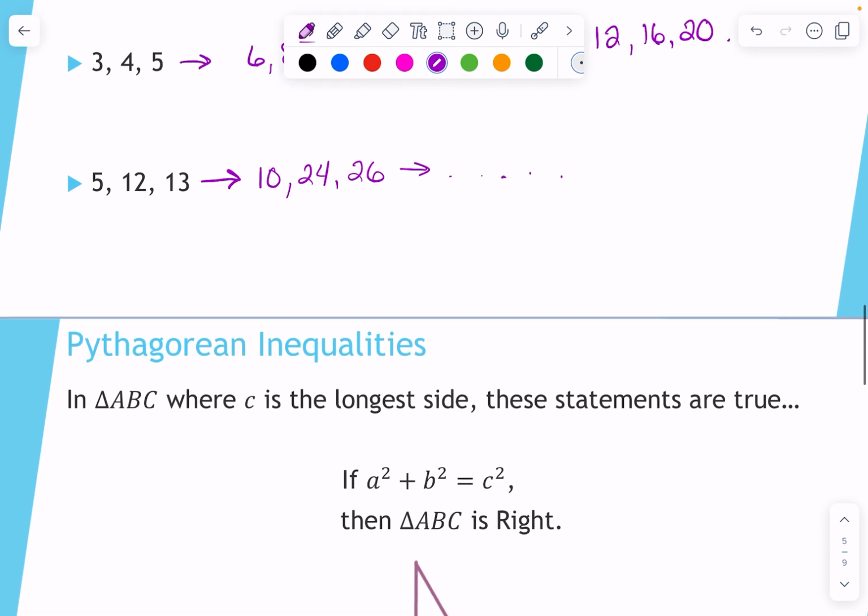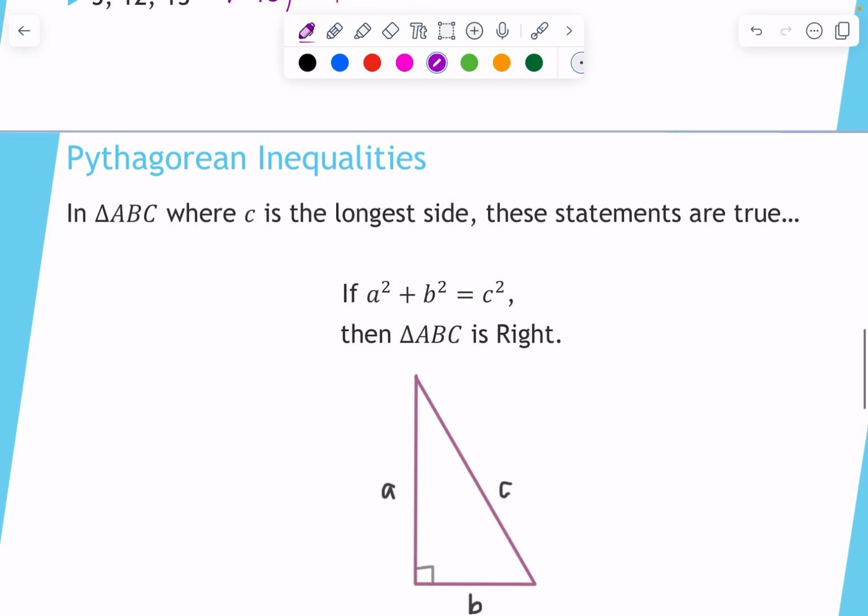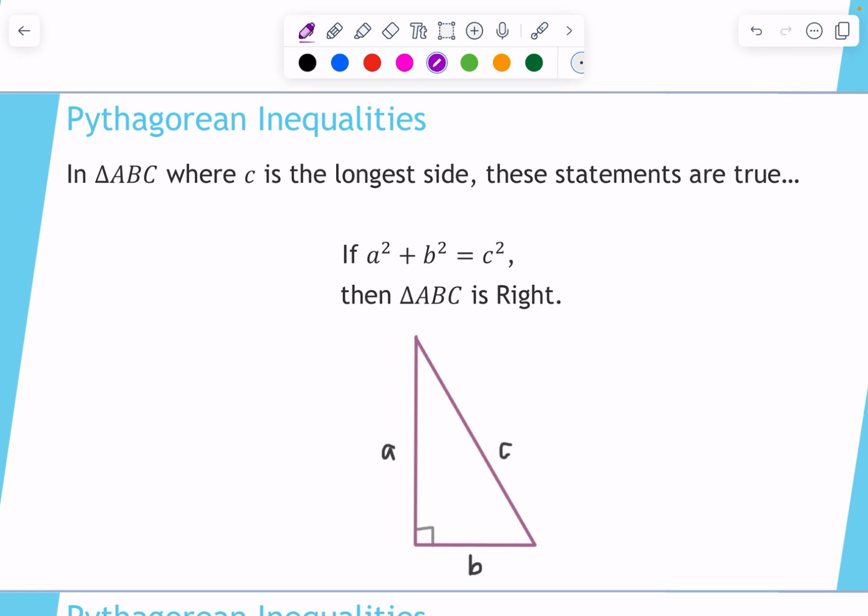Now, the other thing that we need to talk about is this thing called the Pythagorean inequalities. Here is what we know. In a triangle ABC, where C is the longest side, in a right triangle it would be the hypotenuse.